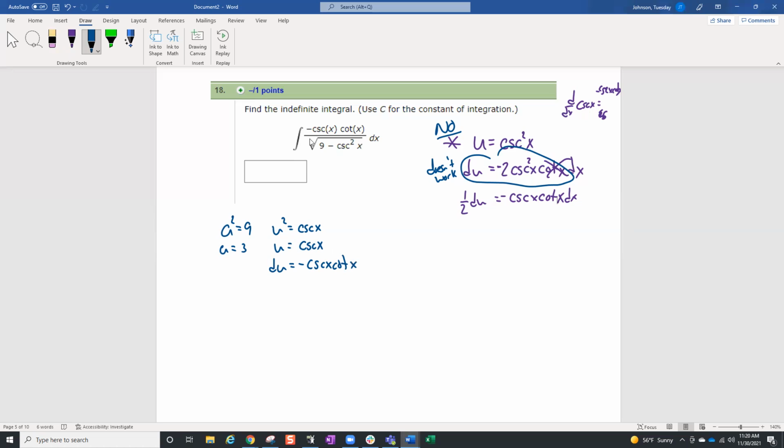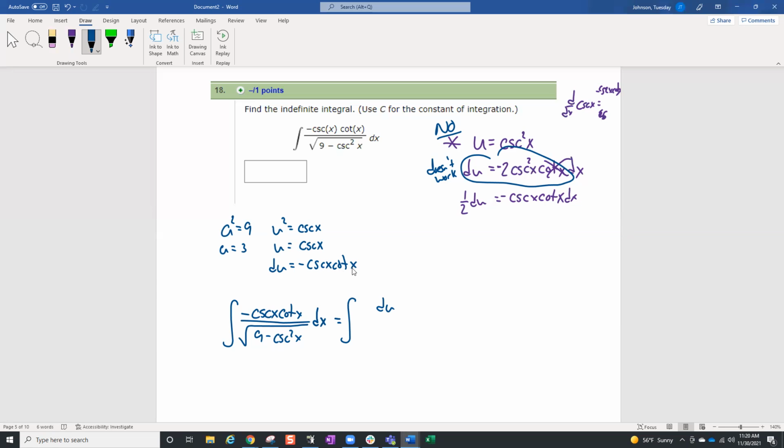If it doesn't fit, now we're looking at minus cosecant x cotangent x over the square root of 9 minus cosecant squared x dx, yeah, there's a division there too. That minus, let's see, I'm going to rewrite this as du, right?